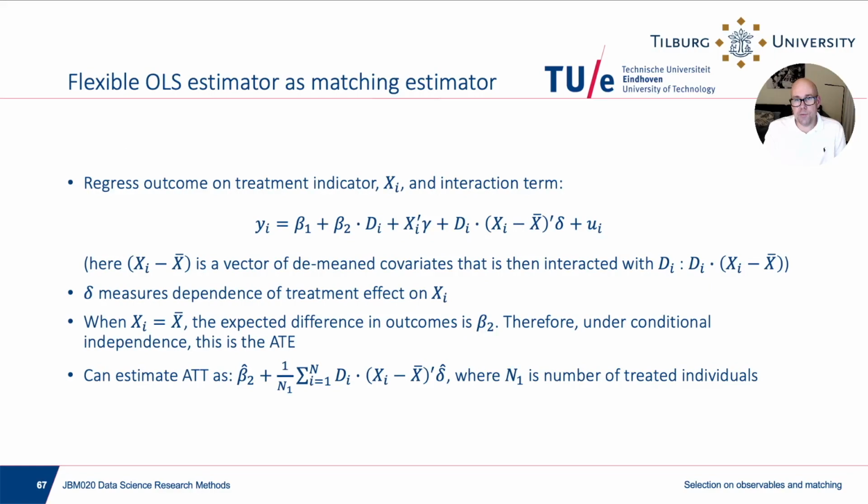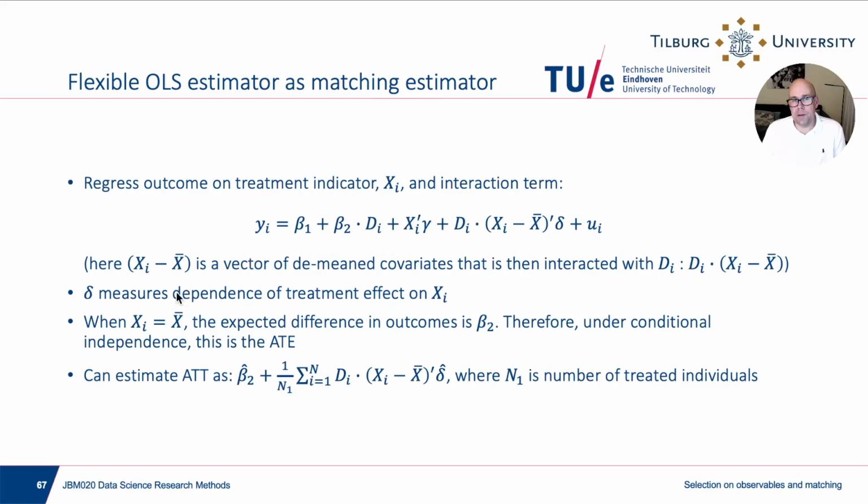What one could do instead is to do something that is called flexible OLS estimation. So that's a very similar approach, but there's a difference. And the difference is that one actually includes a term that then captures the dependence between the effect of D on Y and on X, basically, right?